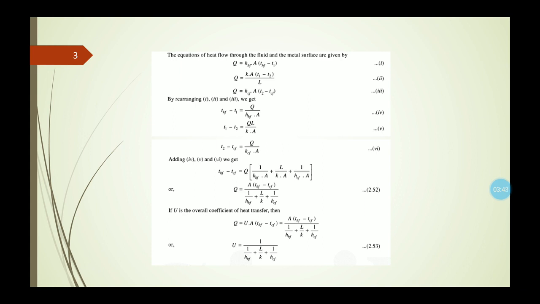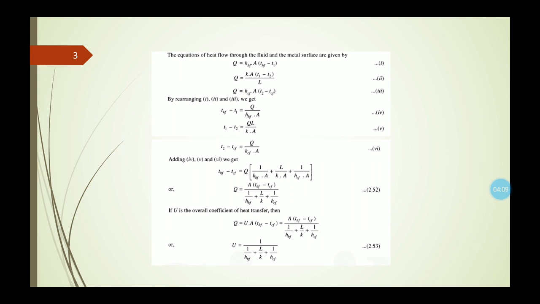For the first case, when the heat is transferred from the hot fluid film to the plane wall, that is on the left surface of the plane wall, there will be convection heat transfer, and there we apply Newton's law of cooling, which we discussed earlier while discussing the convection concept.